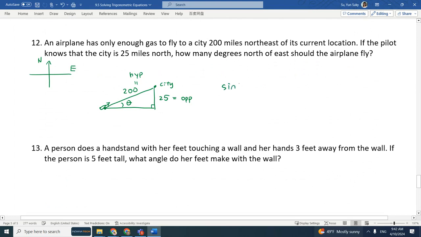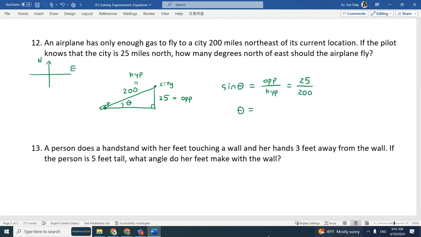Yes, everybody. Sine theta is opposite over hypotenuse. Opposite is 25. Hypotenuse is 200. And now your theta will be the inverse sine, so arc sine of this number.